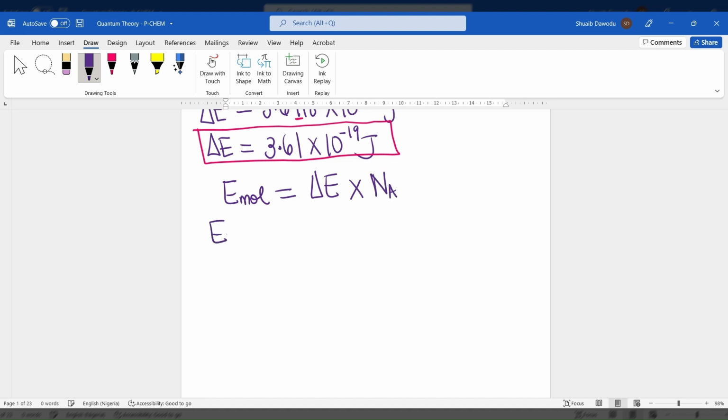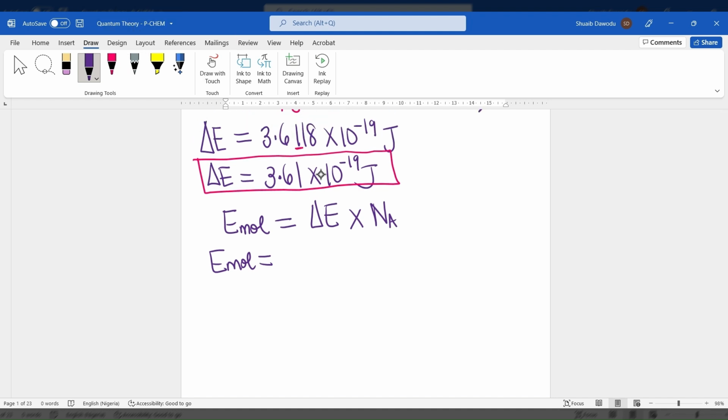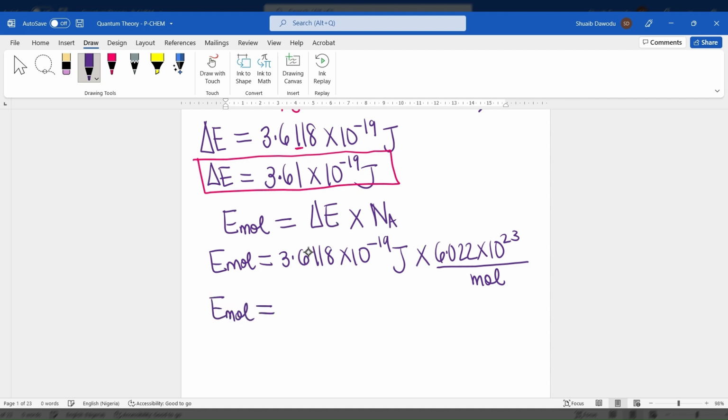So E mole will simply be 3.6118 times 10 to the power of negative 19 joules, let's not forget the joules, I apologize, times Avogadro's number, which is 6.022 times 10 to the power of 23 per mole. So that's the energy per mole. So energy per mole will just be multiplying all of this.